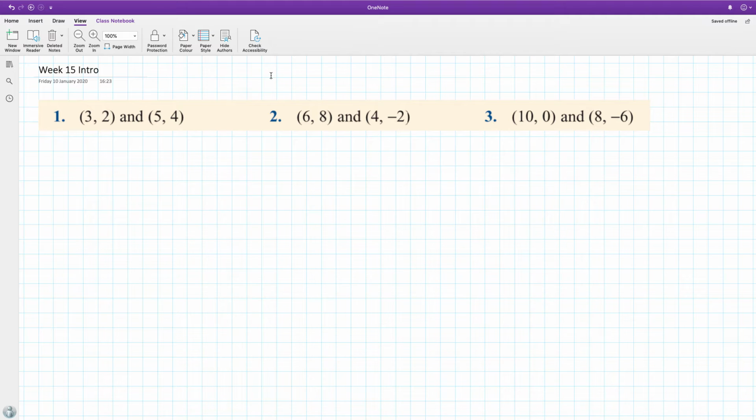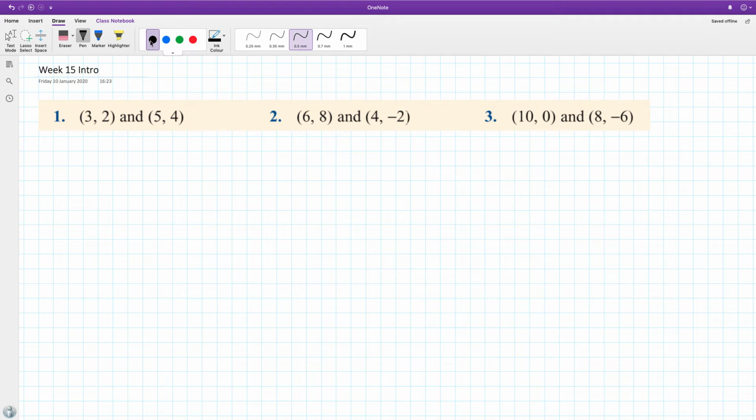Right, let's have a little look at it. So, Grace, what is my formula? 1 plus 2 over 2, and exactly. So first things first, make sure we label these right.